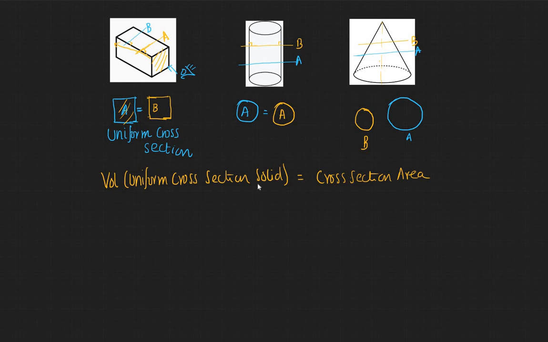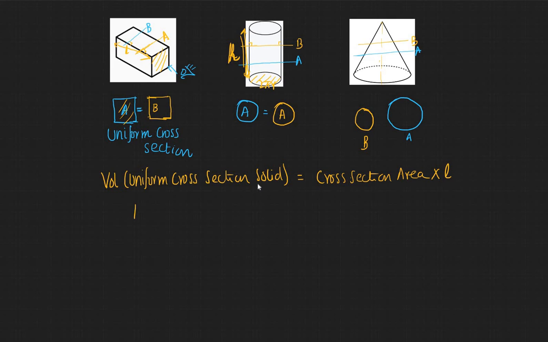So if this is your length, into the length, right? And here as well, if this is your cross-sectional area, into the length. So for a cylinder, the volume would be the cross-sectional area times h, if this is h.